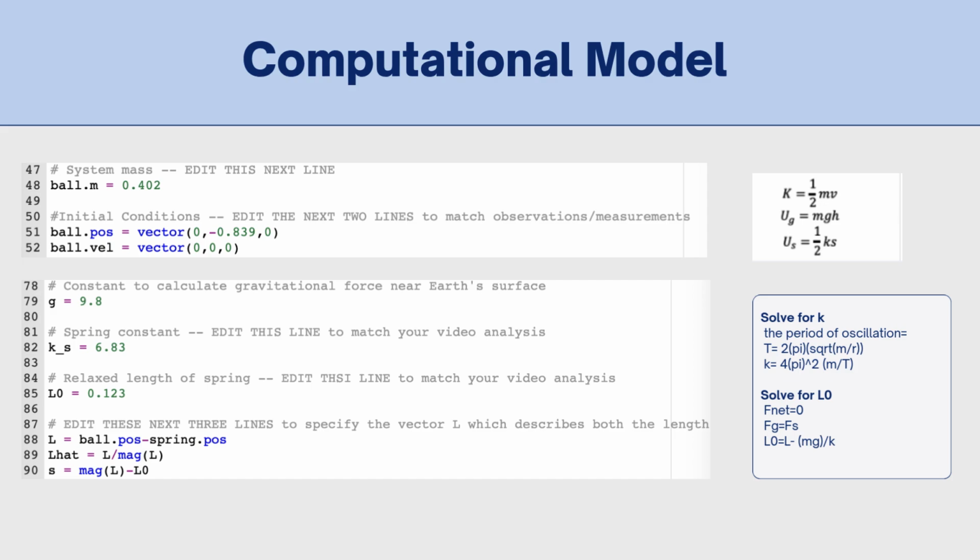But here on the right, I use the kinetic energy formula, the gravitational energy formula, and also the spring energy formula to find these. And then I had to solve for K, and I just rearranged some equations. Same thing for L0.